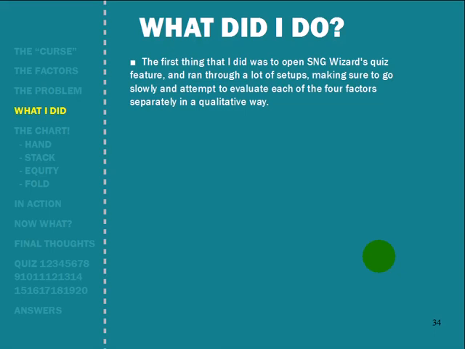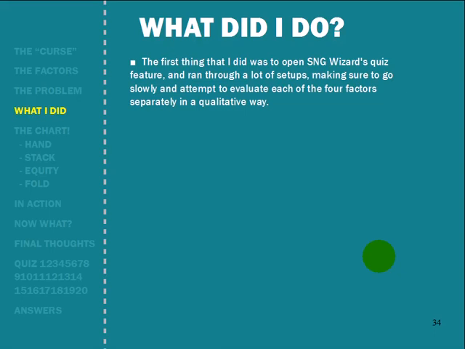So what I did is I opened up Sit and Go Wizard, which has a quiz feature where you can set up a scenario and then run through a lot of situations. I ran through a lot of situations, and I made sure to go slowly, and I attempted to evaluate each of the 4 factors separately and individually, in a qualitative way.